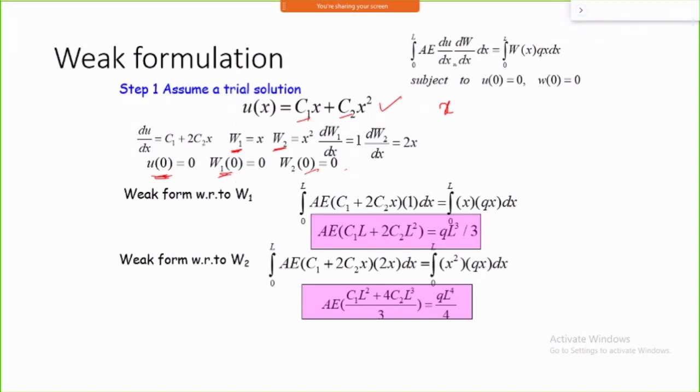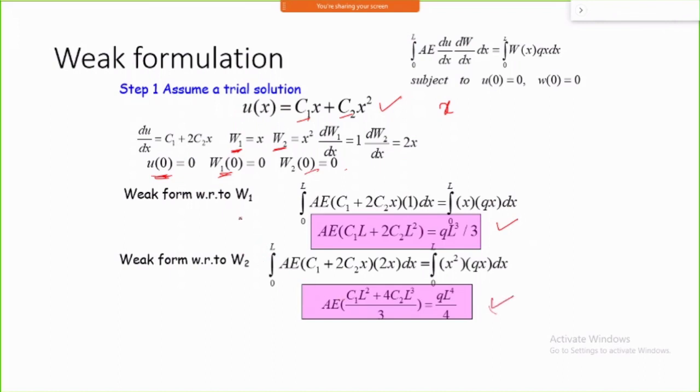Now you can substitute these parameters, w1, u1, the derivative of the weight function and the derivative of u, into this, and we'll get an equation like this. After integration, we'll get a final equation in this fashion.